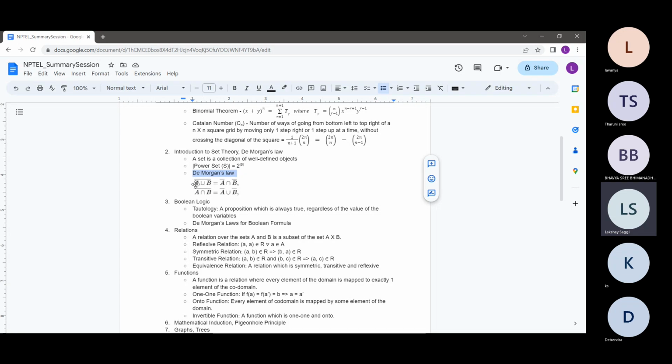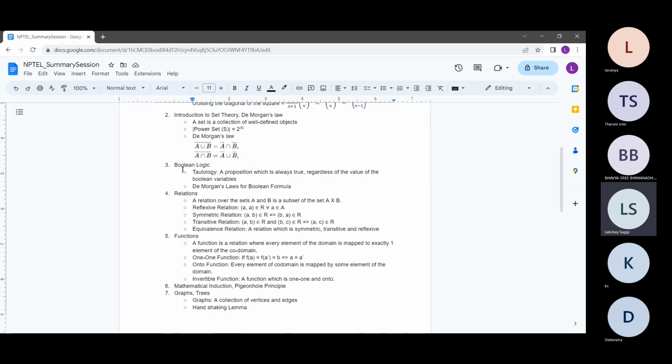So here A will be replaced by A complement, union will be replaced by intersection, and B will be replaced by B complement. So it will be A complement intersection B complement. And similarly, (A intersection B) whole complement will be A complement union B complement. So these were the basic concepts covered in the second week.